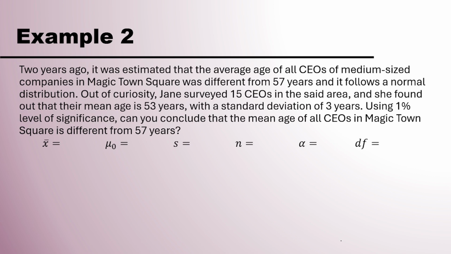Using 1% level of significance, can you conclude that the mean age of all CEOs in Magic Town Square is different from 57 years? Like what we did earlier, we will identify the different variables. You may pause this video after 5 seconds and let's find the values of these variables.